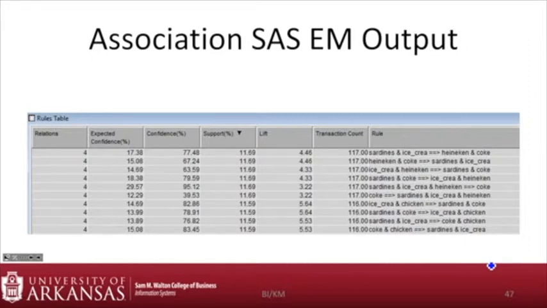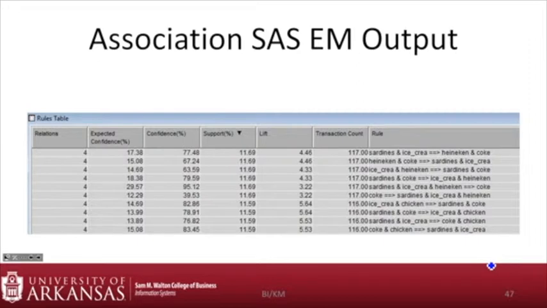So really, our expected confidence over here is 17. So people buying just Heineken and Coke, we're expecting that to happen 17% of the time. When somebody buys sardines and ice cream, then getting the Heineken and Coke, that's actually happening 77% of the time. When we take our confidence divided by our expected confidence, that's where our lift is getting bigger.